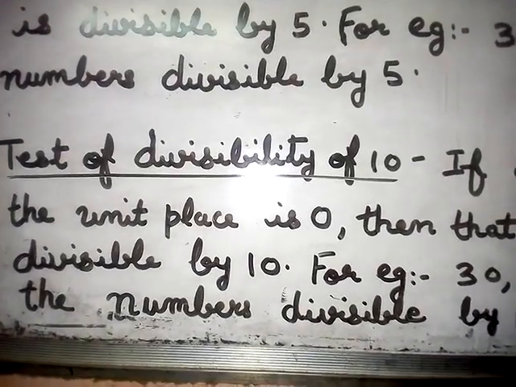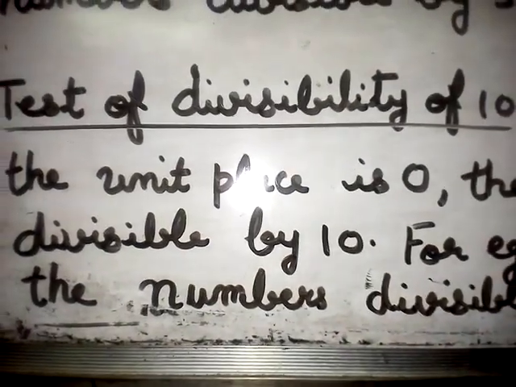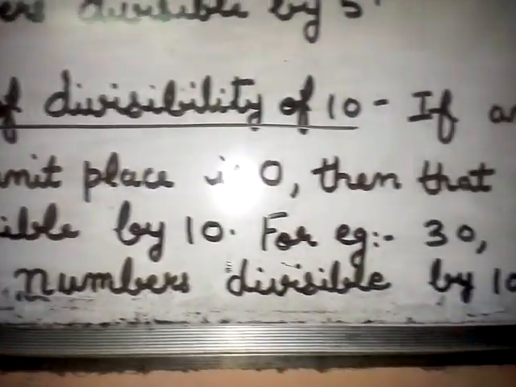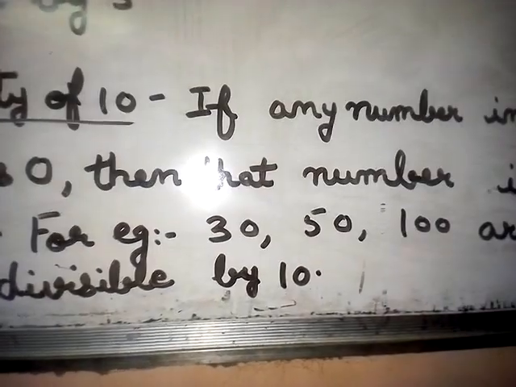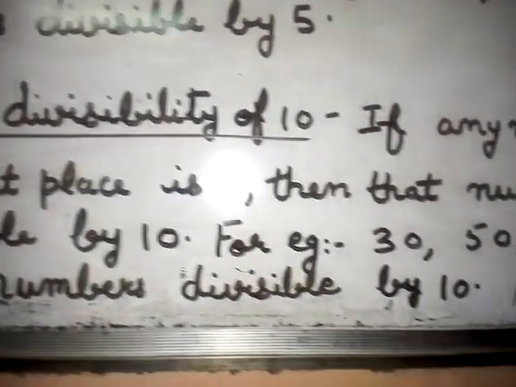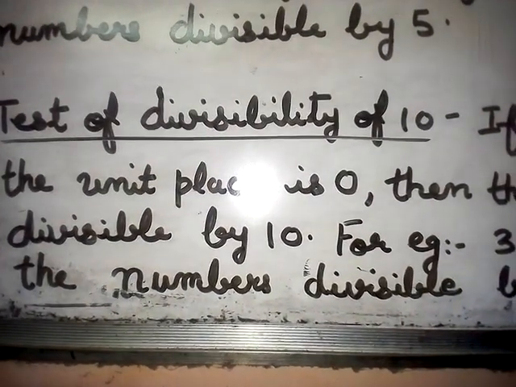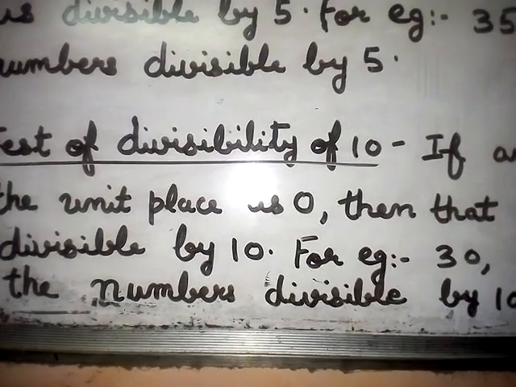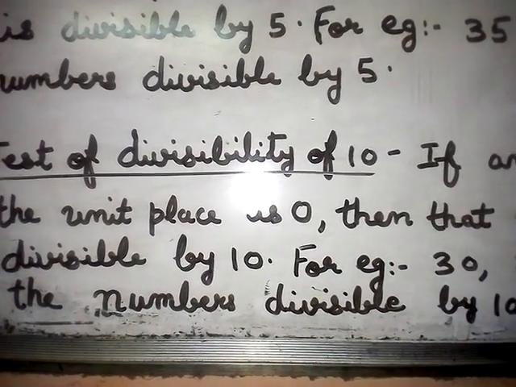So next we study the test of divisibility of 10. If any number in the unit place is 0, then that number is divisible by 10. If you say the 10 table, the unit place is all zeros.